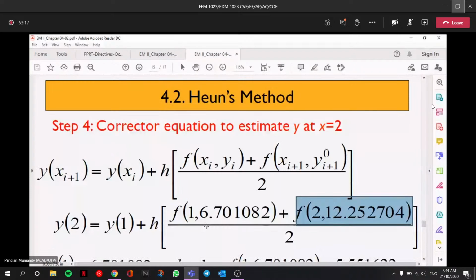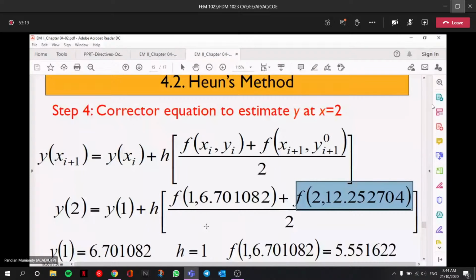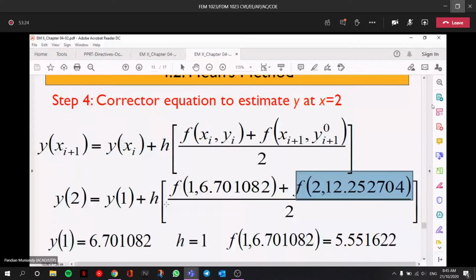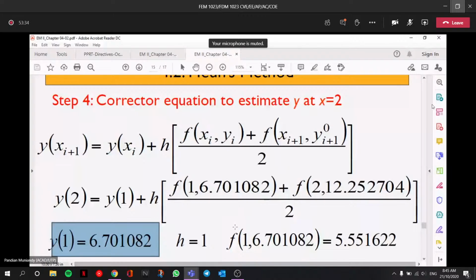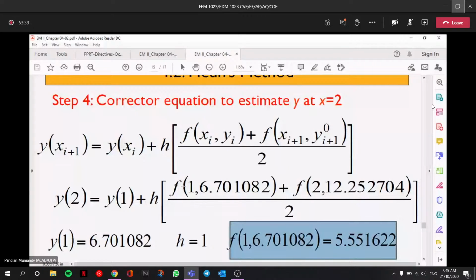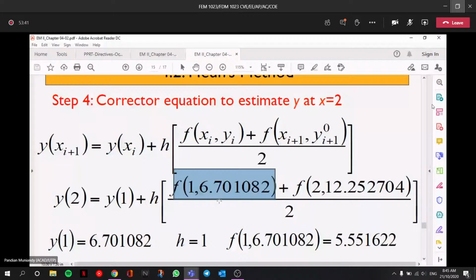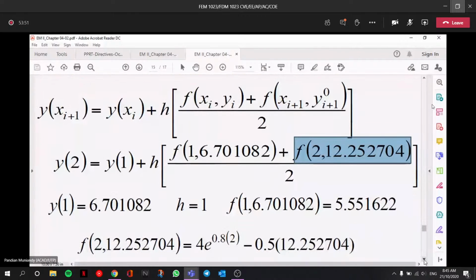This one we already have: y1, 6.701082. This one you already have, and this one also. 5.551622 we already have. The only thing is this one we don't have. So now use your calculator, calculate this one.